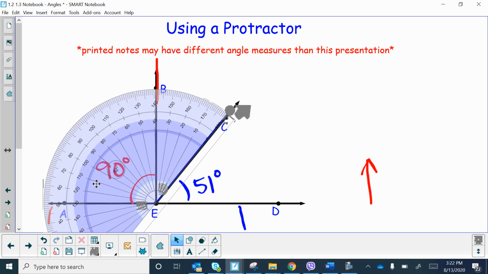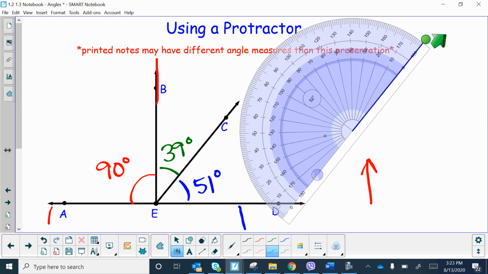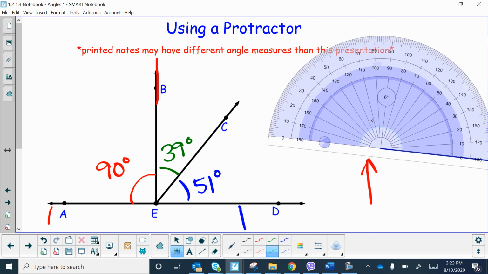When I line it up on the 0 and count 10, 20, 30, it looks like 39 degrees, that's how much that angle is in that little section. So using this protractor, you have to line up one of the rays with 0 and then just look up from 0 to however many degrees the other ray lands on. You'll have that on your homework.